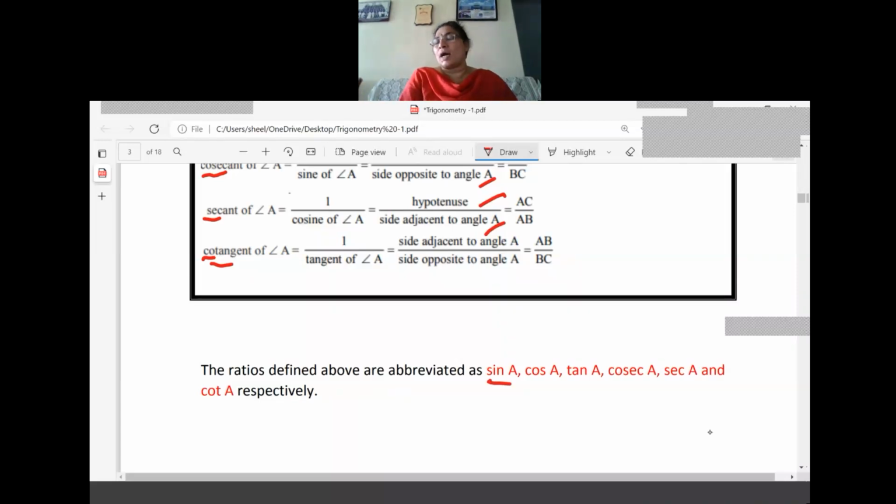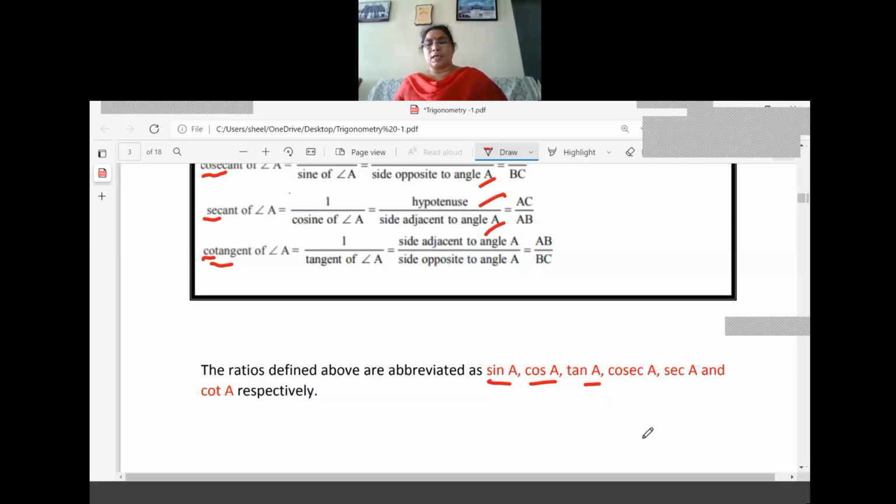Opposite side by hypotenuse. What is for cos? Adjacent side by hypotenuse. What is for tan? Opposite side by adjacent. Learn the first three thoroughly. Next, go for the remaining three. Cosec is the reciprocal of sine, that means hypotenuse by opposite side. Sec is hypotenuse by adjacent side. Cot is adjacent by opposite side.